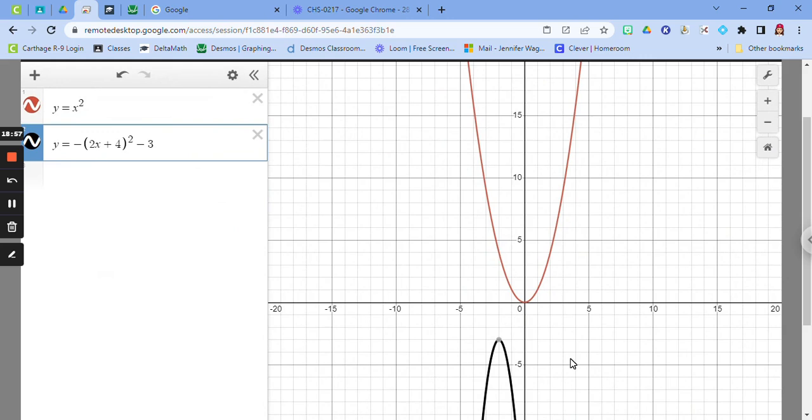So the negative outside did what? We flipped it over where? X or Y? X. Okay. So we've got a reflection over the x-axis. How did it shift? To the left.